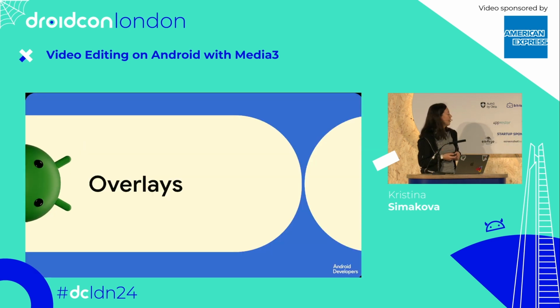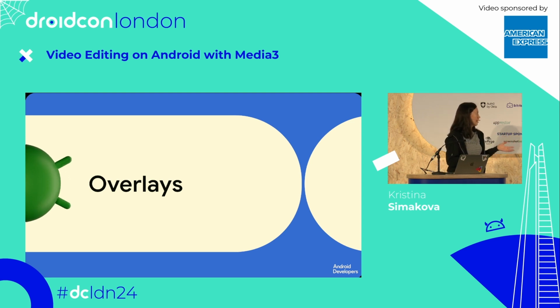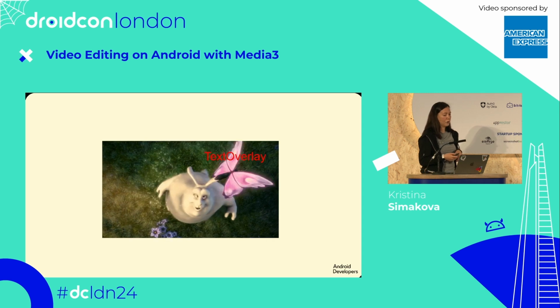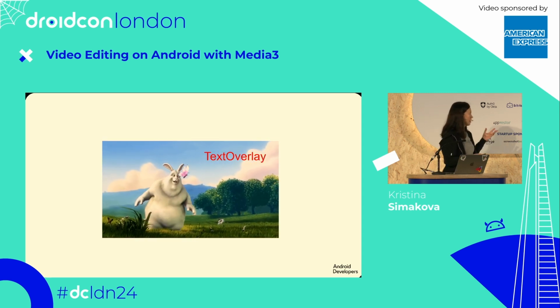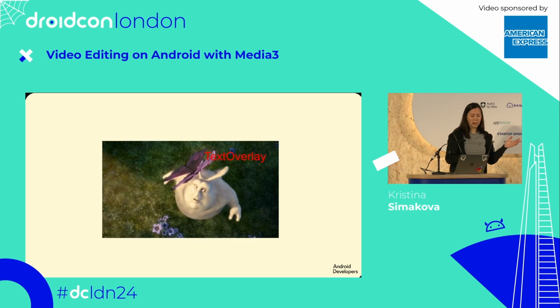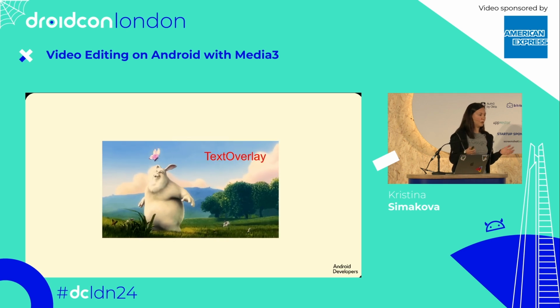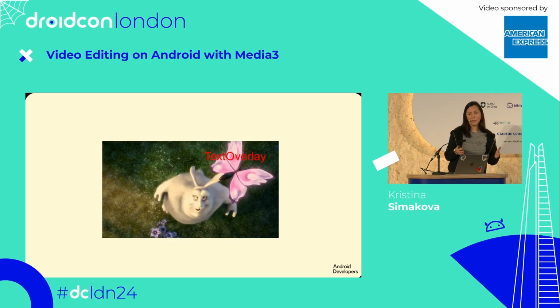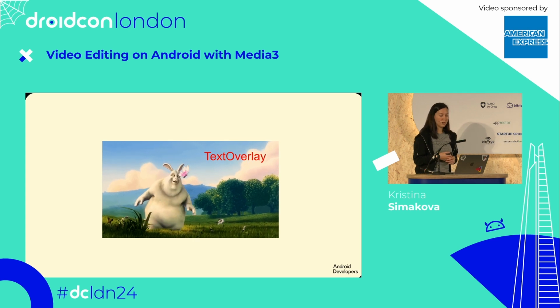Let's see how we can use our effect module to create text and bitmap overlays. So let's see how you can add a text over your video. It can also be the overlay of your company logo and so on. So it's a very common use case.